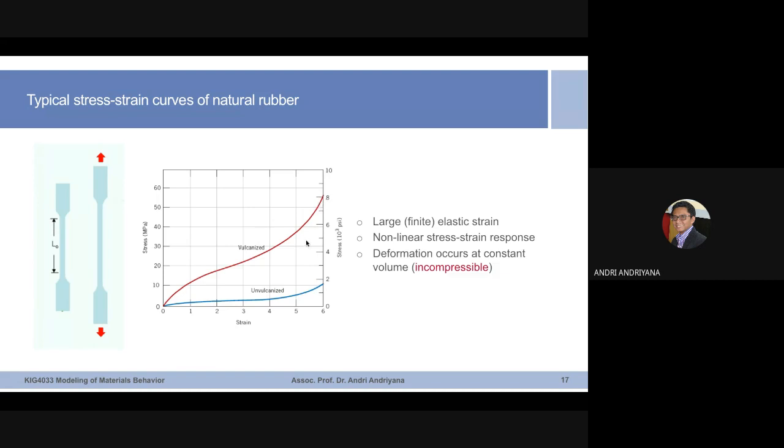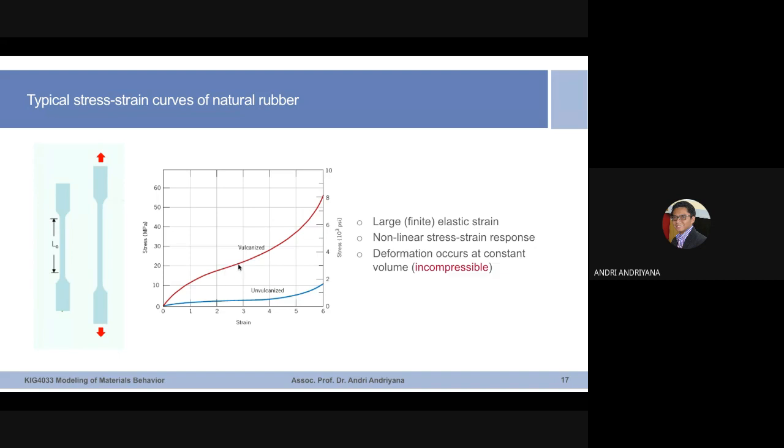Here, as you can see, the slope is not constant depending on how much you stretch it. Initially, you have a certain slope, a certain stiffness. If you stretch it up to strain equal to 2, this is the slope. So it is as if the stiffness of the material evolves depending on how much you stretch it. So it is a non-linear response, as clearly can be seen from the stress-strain curve.